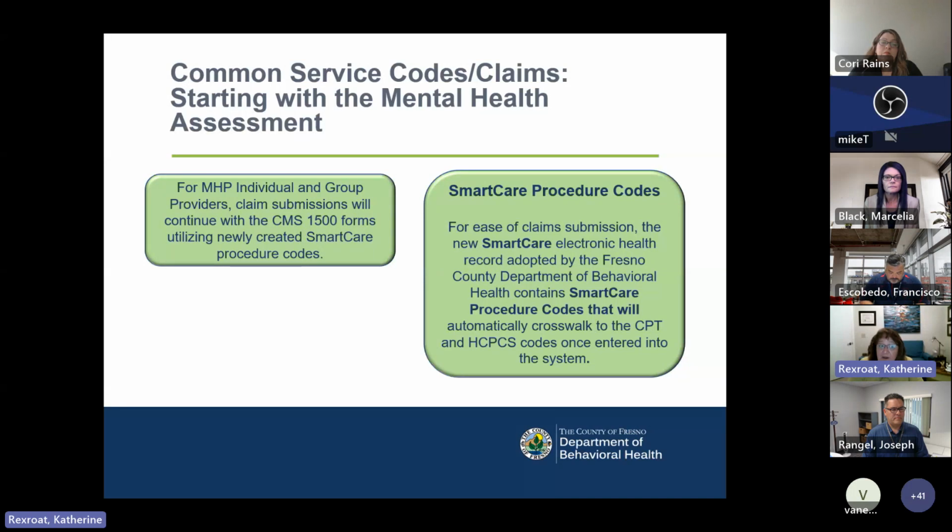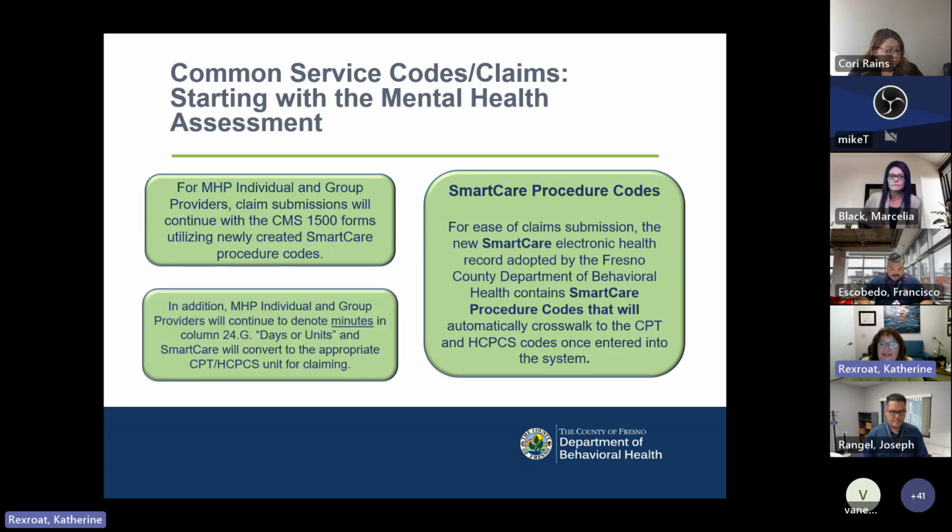For you, the MHP individual and group providers, claim submissions will continue with the CMS 1500 forms utilizing newly created SmartCare procedure codes. In addition, the MHP individual and group providers will continue to denote minutes in column 24G, days or units, and SmartCare will convert to the appropriate CPT or HCPCS unit for claiming.